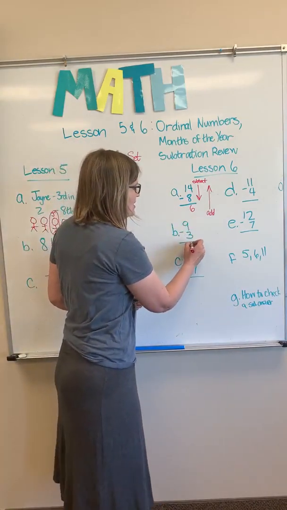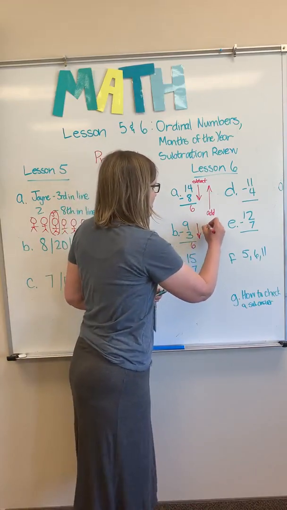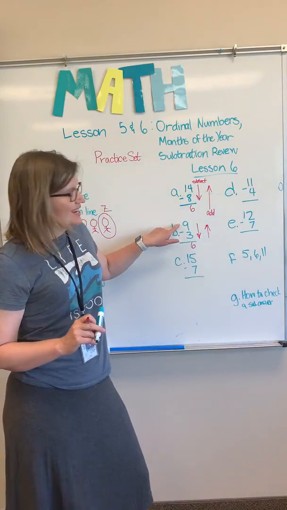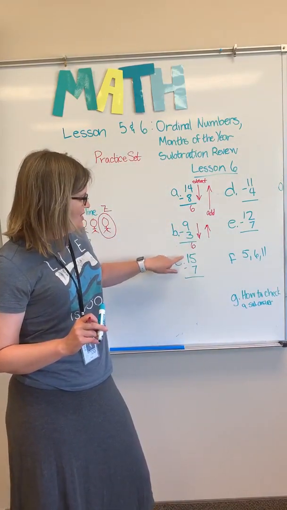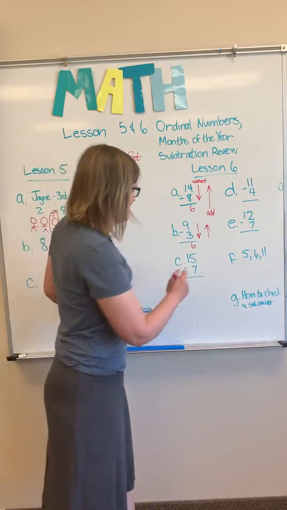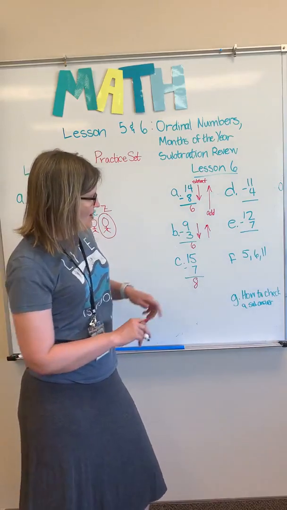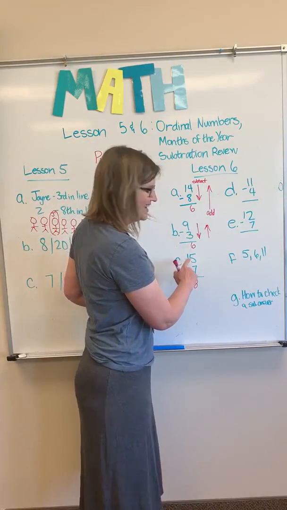9 minus 3 is 6. Going down, and then let's add up. 6 plus 3 equals 9. And our next one is 15 minus 7 is 8. When we add up, it gives us 8 plus 7 equals 15.